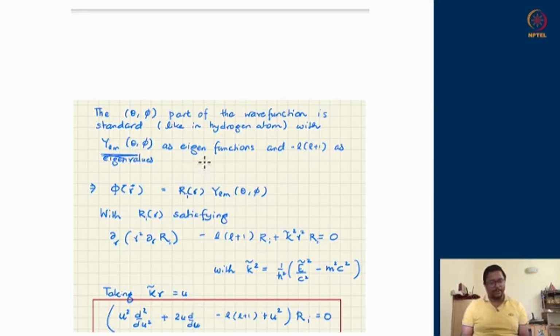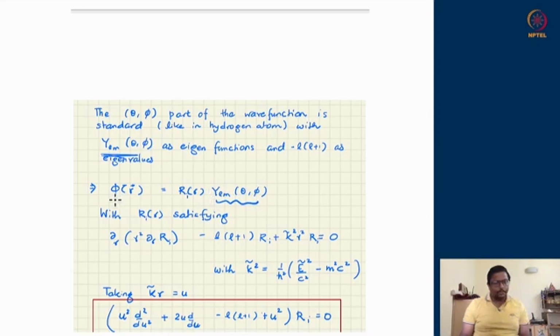So I urge you to refresh your analysis of spherical polar coordinate systems and the Laplacian there by looking at the 3D harmonic oscillator, or hydrogen atom, or any spherically symmetric problem like this one. Since this is a spherically symmetric problem, you should expect eigenstates of angular differential operators, and Ylm theta phi are those.